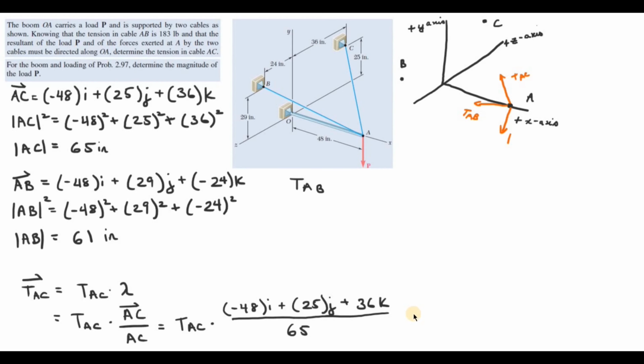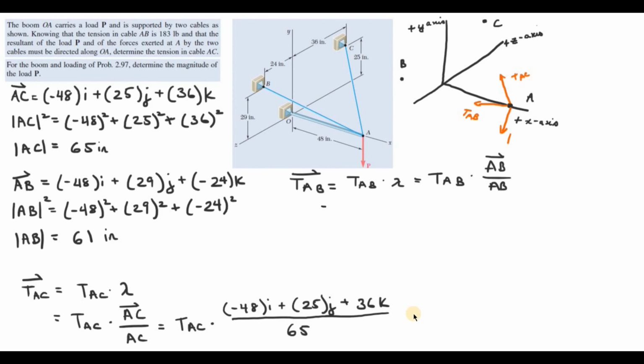And tension AB, the vector, is equal to its magnitude times the unit vector, which is the same as tension AB times the vector AB over its magnitude.